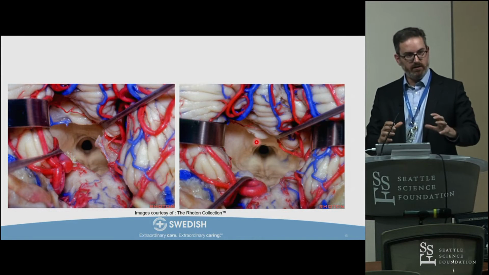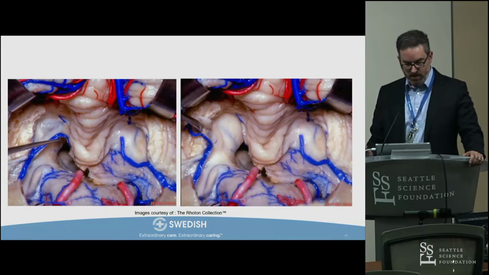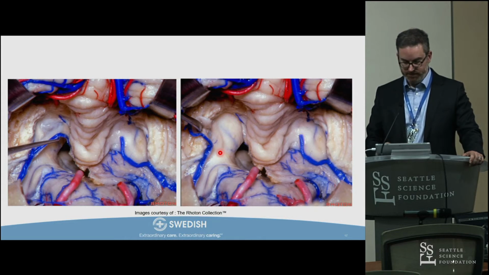So everything looks contracted and foreshortened because of perspective from this angle. Here again is another demonstration of the difference between dividing up to the vein of the medullary fissure as opposed to across the medullary fissure.